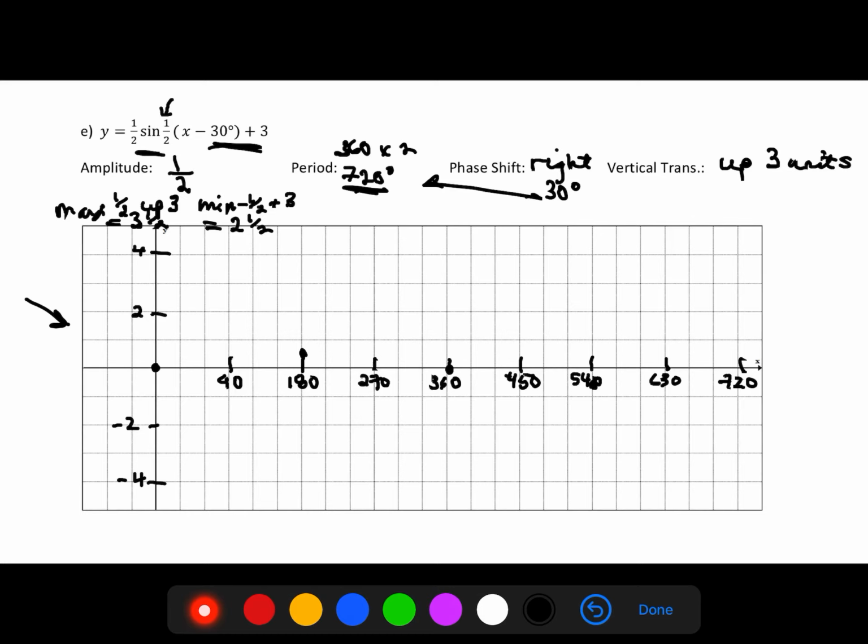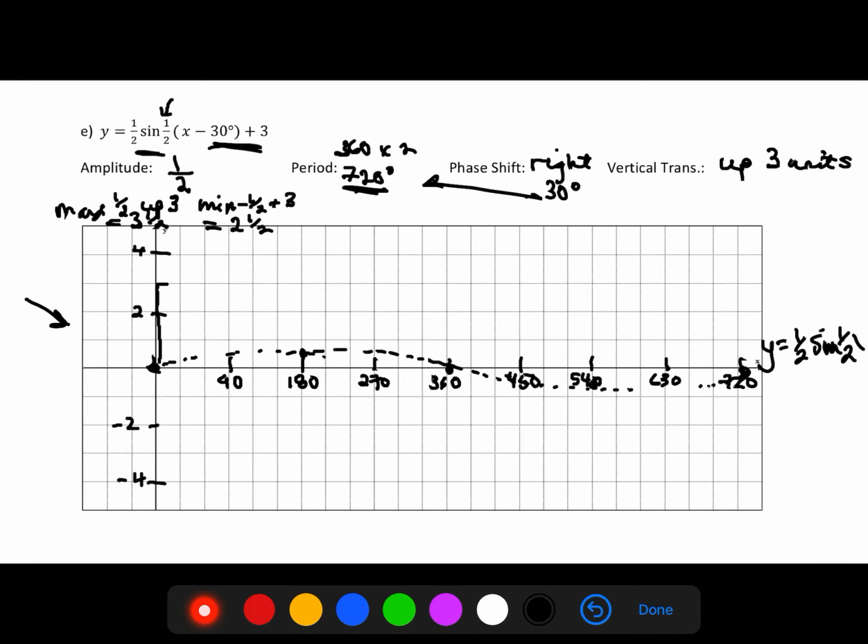So 180 back to 0, 180 down to -1/2, and back to 0. So we have our graph of y equals 1/2 sine 1/2 x.